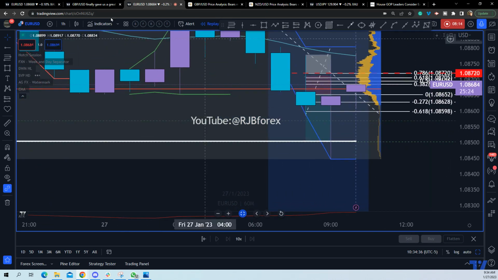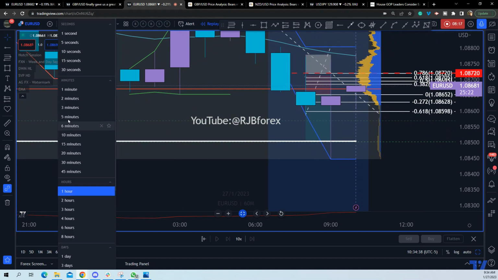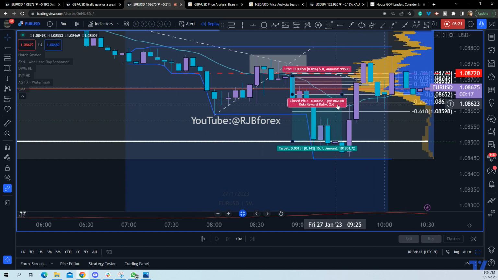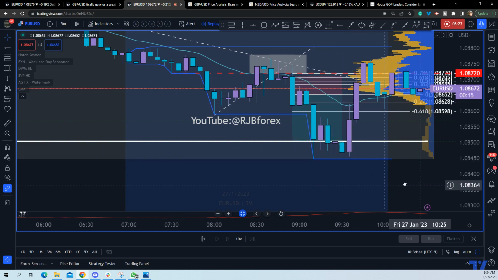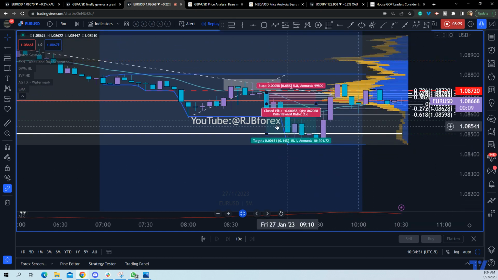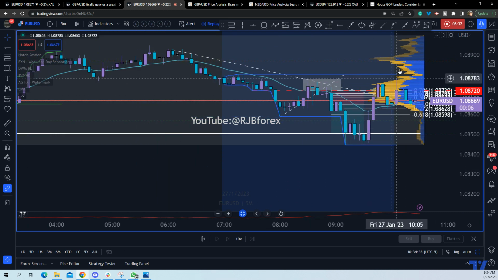But this, as you see, it just came straight back up. With the cash open. So that was either going to generate more flow to the downside or it was going to come back up. And it came back up.